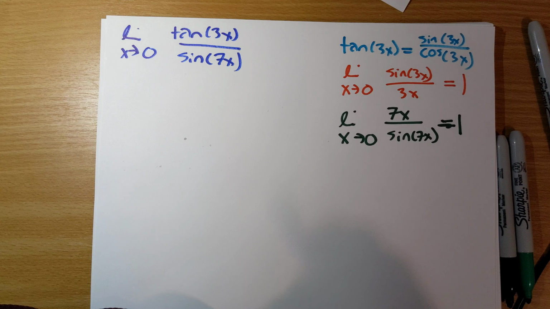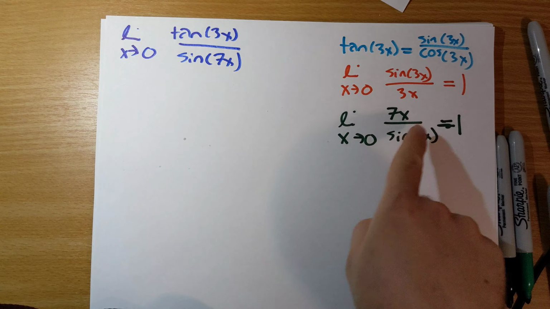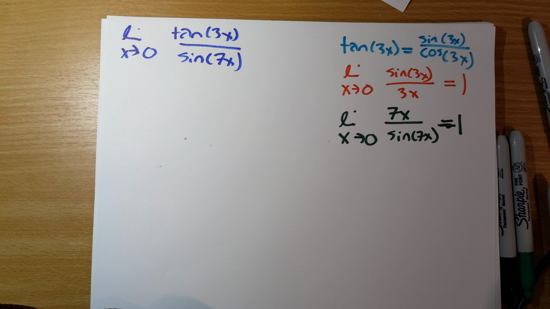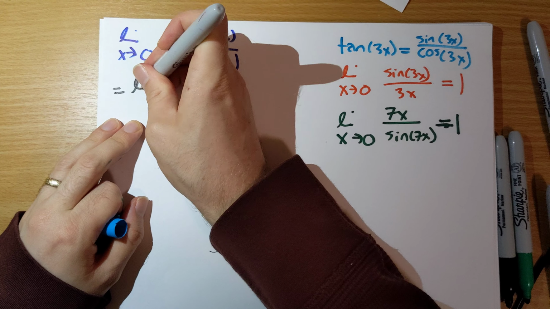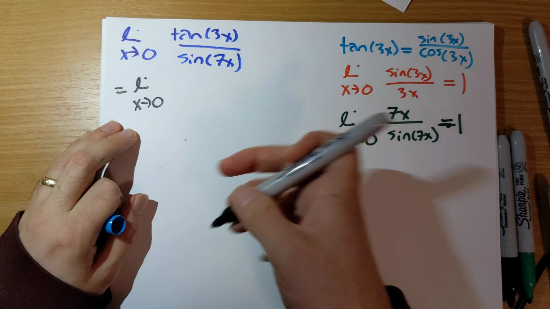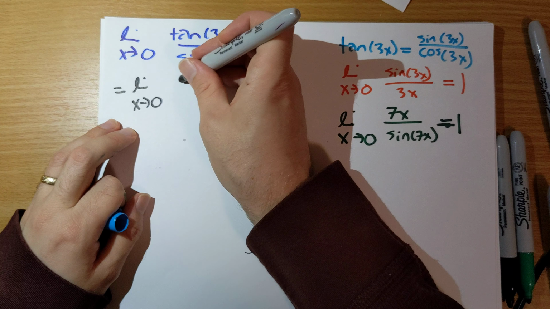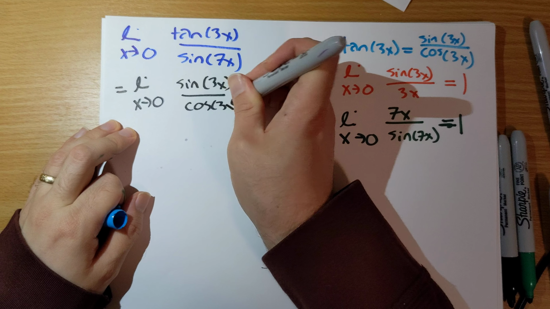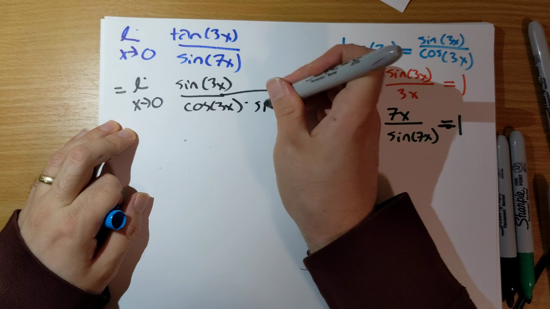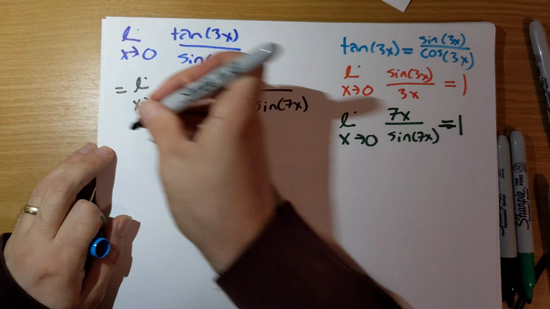And so let's use these facts here, because I'm going to rewrite this as the limit as x goes to 0 of: tangent is sine of 3x over cosine of 3x times sine of 7x downstairs.